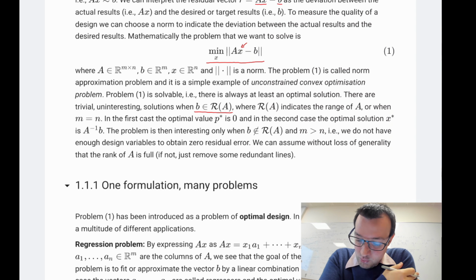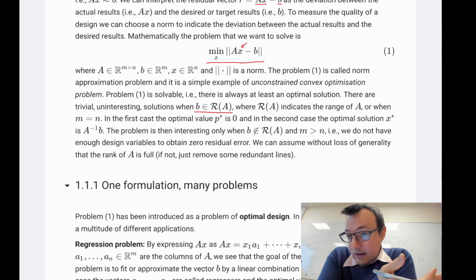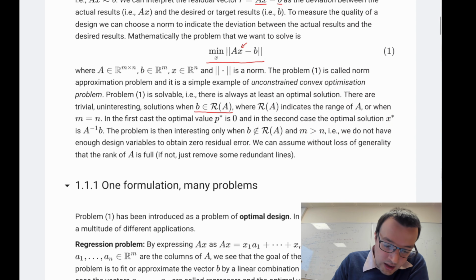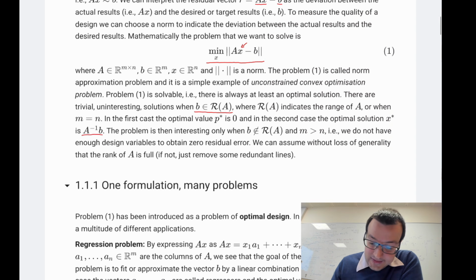The other case that we exclude is the case in which m is equal to n. And we assume also that the rank of the matrix A is full. The reason why we exclude this case is because in that case, if m is equal to n, then the solution is trivial, and the optimal solution, x star, is A inverse times b. So our assumption then is that b does not belong to the range of A, and the other assumption is that m is greater than n.